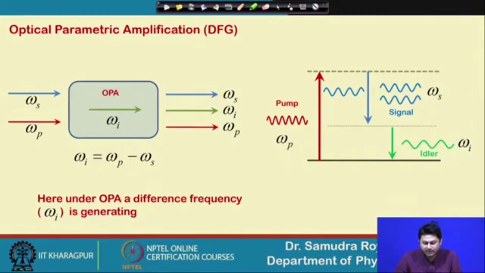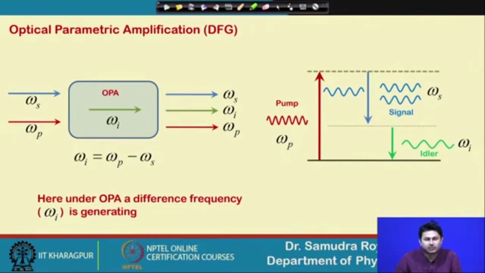The energy diagram of the process is also shown on the right hand side: if a pump is launched into the system, then two different frequencies can be generated, one is omega s and one is omega i, with energy conservation holding, and the signal can be amplified.